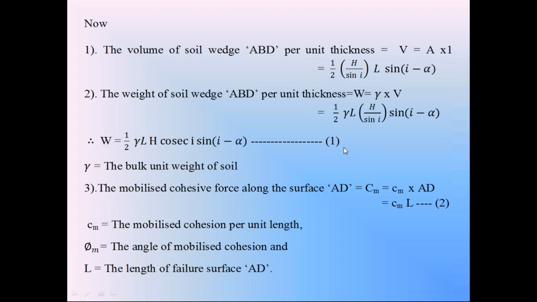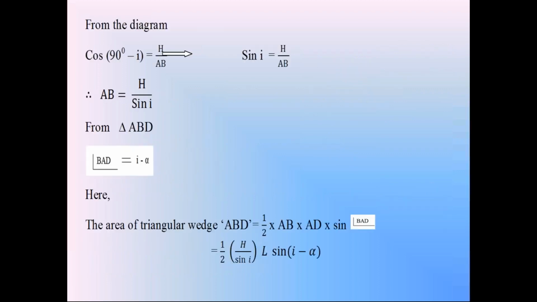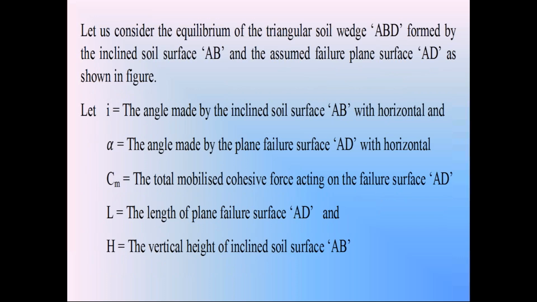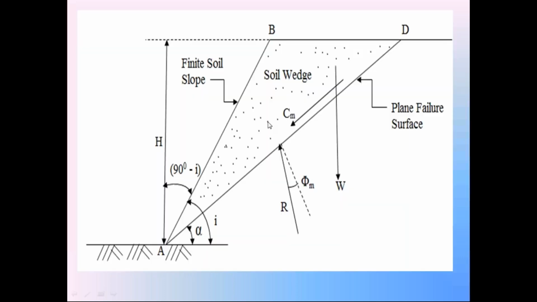Then just now I explained, when the soil wedge is about to fail on the surface AD in the downward direction, a cohesion force develops in the soil wedge. At the instant of failure of this soil wedge on the surface AD, a cohesion force develops, that is called mobilized cohesion, capital Cm.